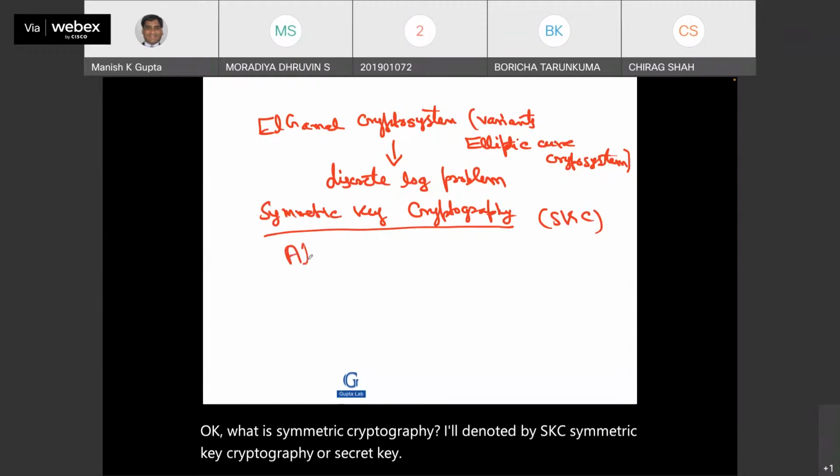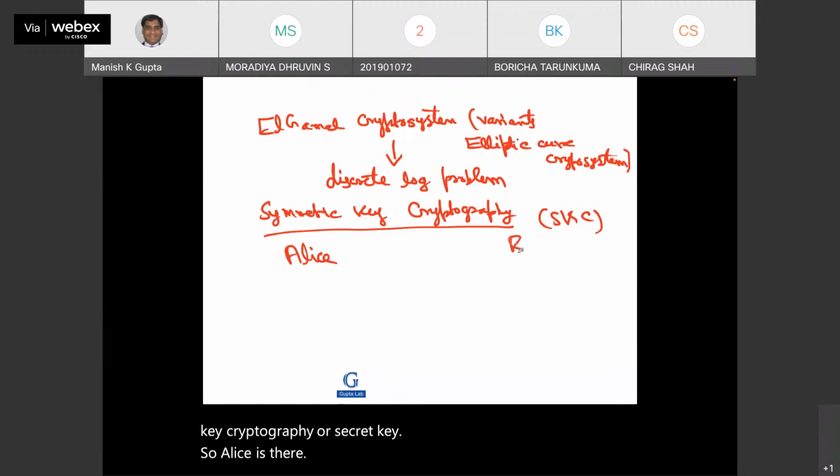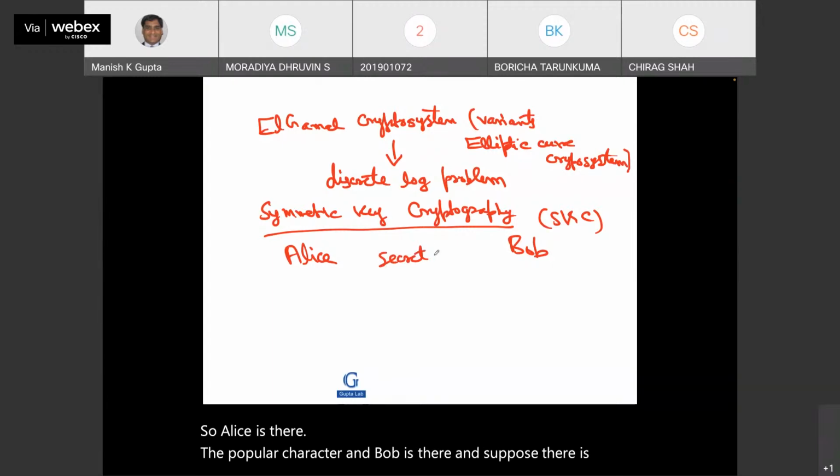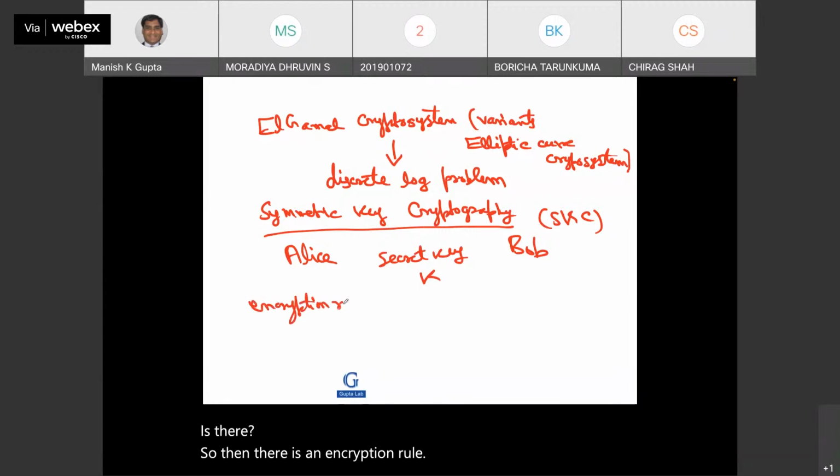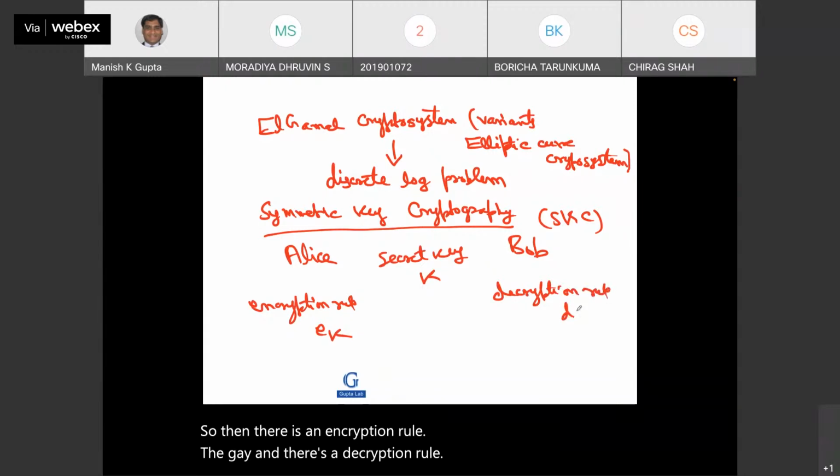Alice is there, the popular character, and Bob is there. Suppose there is a secret key K. Then there is an encryption rule EK and a decryption rule DK.